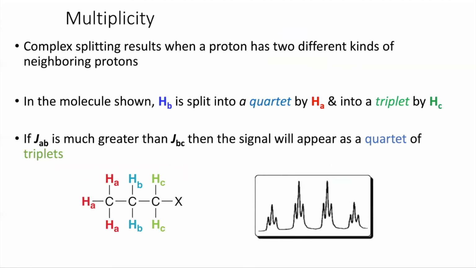Complex splitting patterns definitely happen when you have 2 different kinds of protons, like 1 on each side, for example. So in the molecule below, HB is split into a quartet by HA, but it's split into a triplet by HC. So there's 3 different ways that we can have this happen. If the J value for AB is much greater than BC, we'll see a quartet of triplets.